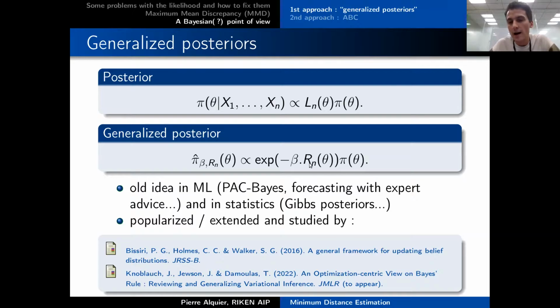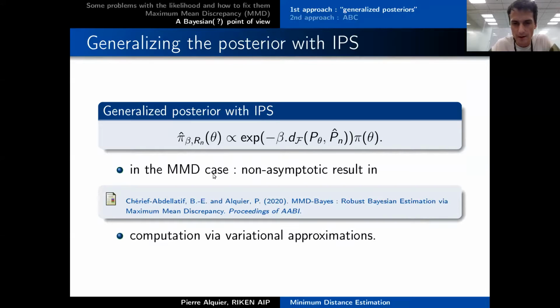In particular, when Rn is the MMD distance, we also derived a few properties and did a few simulations in a paper with Badreddine. And in the end, it's also feasible to do computation via variational approximations and to derive properties on these variational approximations.